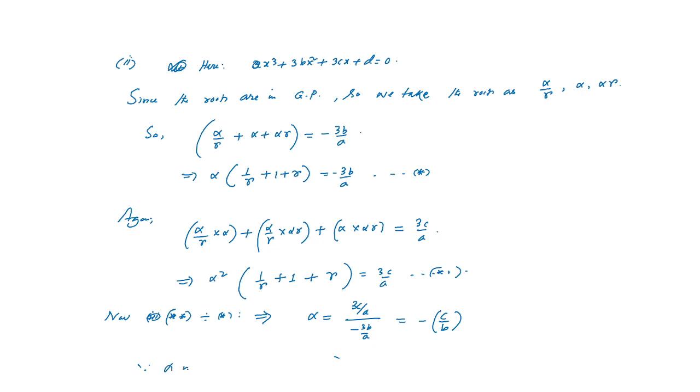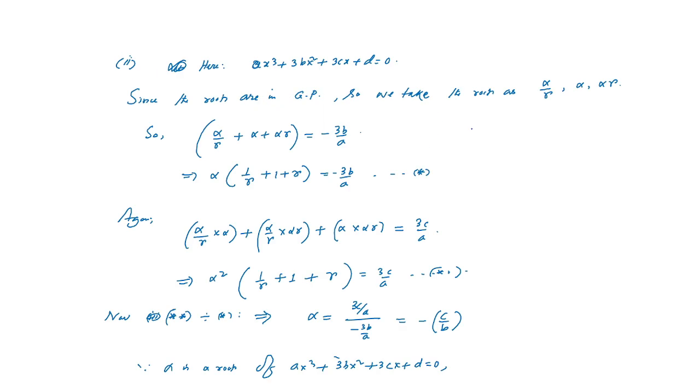Now since alpha is a root of ax cube plus 3bx square plus 3cx plus d equals 0, we have a alpha cube plus 3b alpha square plus 3c alpha plus d equals 0. What is the value of alpha? Here alpha equals minus c by b.